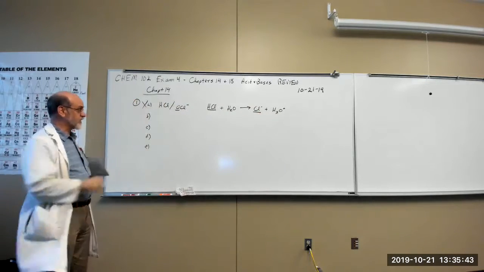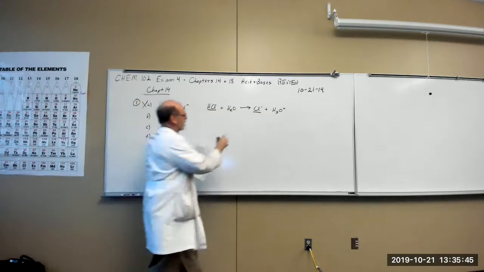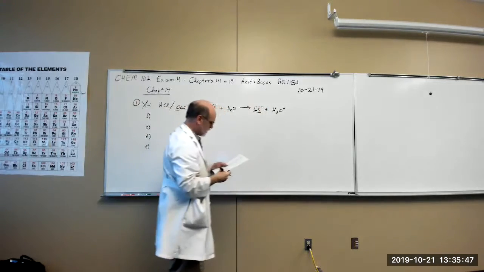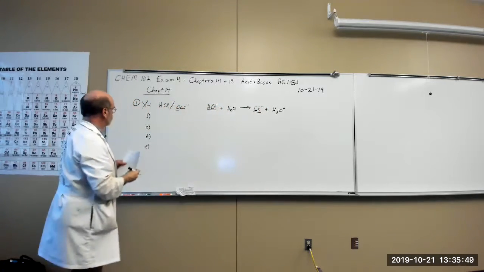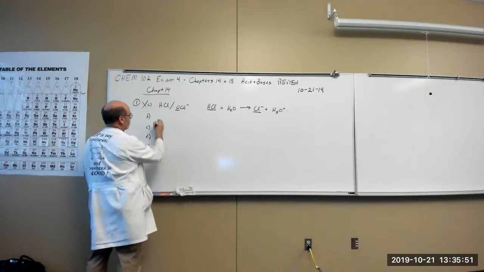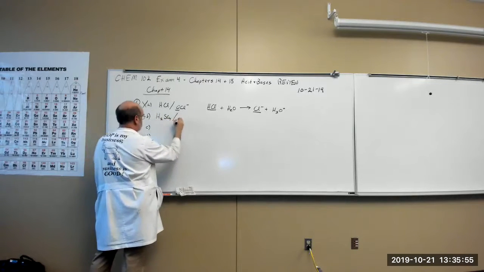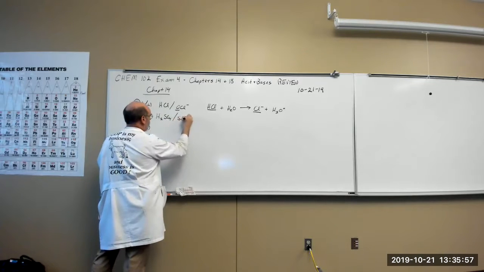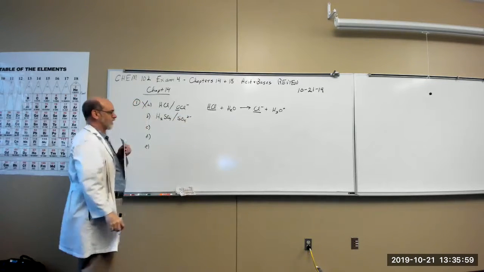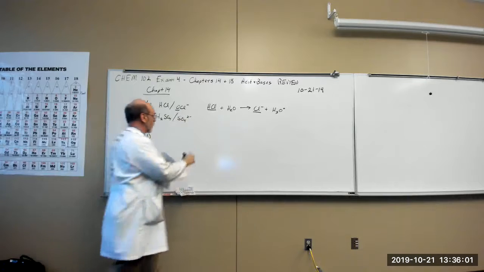Another thing that this doesn't... well, let me see. Yeah, the next one is a good example of my next point. So is this a conjugate acid-base pair? Well, you look at the acid and react it with water.